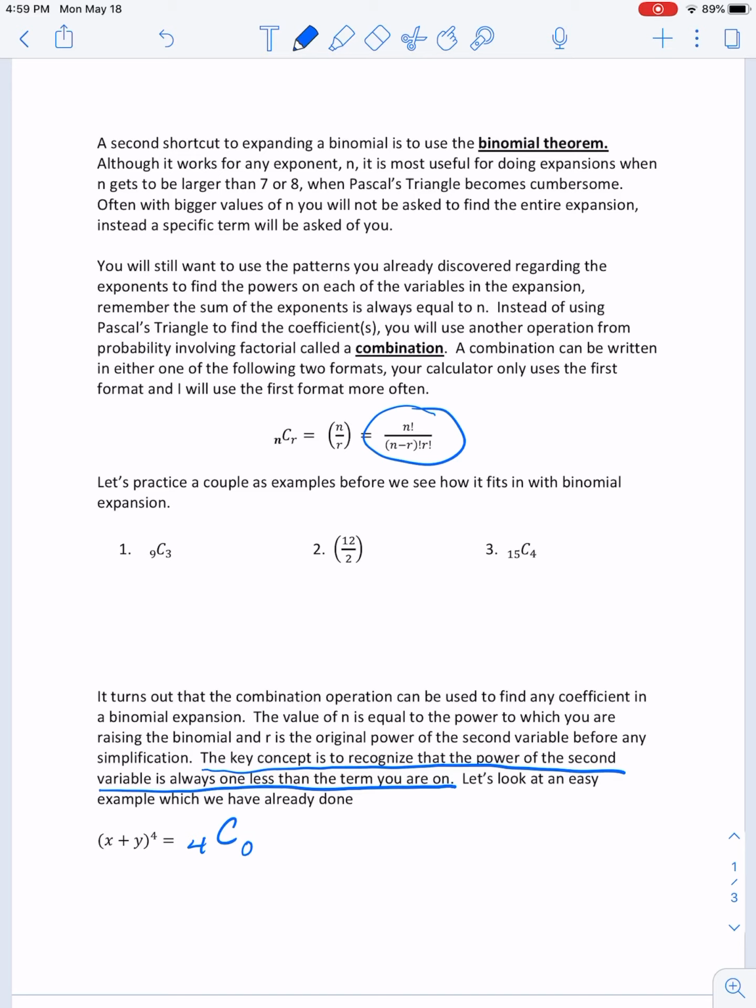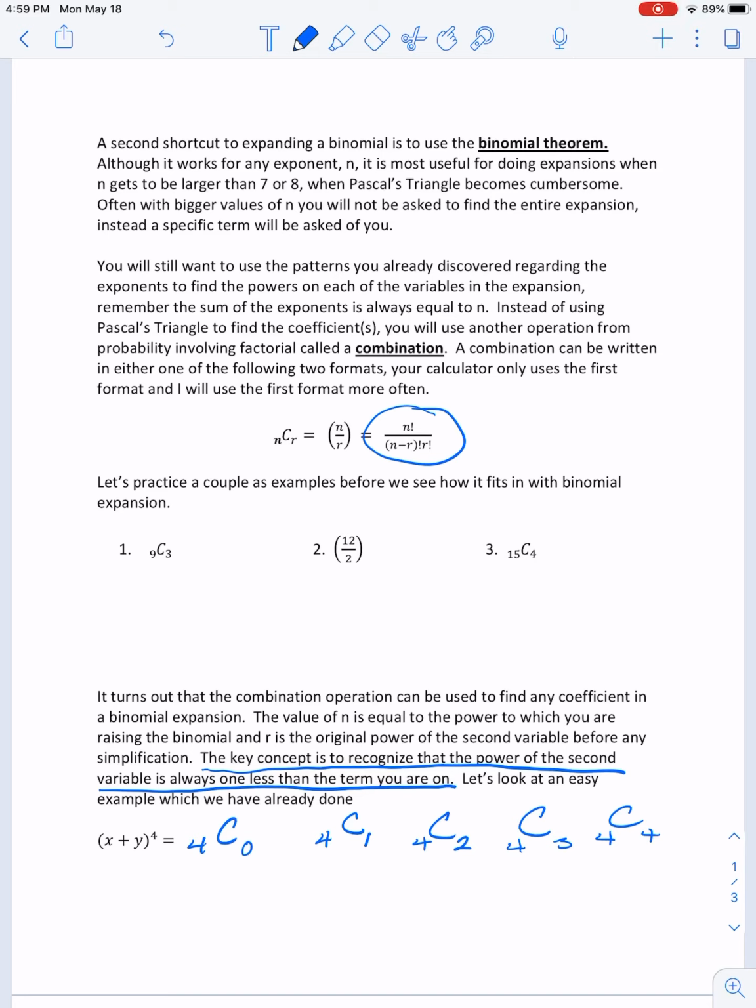And I'll ignore the variables for right now. The second term would be 4 choose 1. Second term would have 1 as its variable. The third term would have 2 as the second variable. And you can see it just kind of continues on in the same pattern until you get to the last one where it will be 4 choose 4.